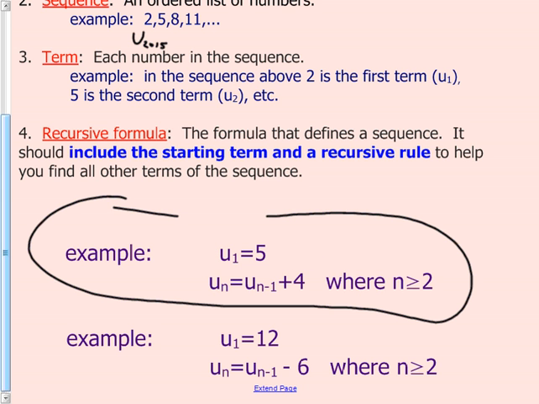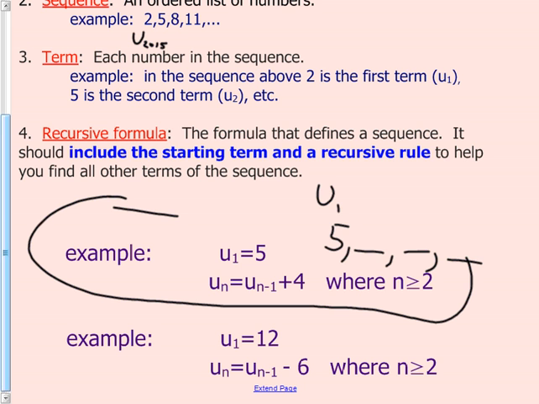That means my list is going to be 5, comma, something, comma, something, comma, something, and it'll go on forever. But the very first one is 5. Again, we're starting with U sub 1 being our first term. That is the most common way, but you can start with U sub 0, or they can tell you to start with U sub 2009.